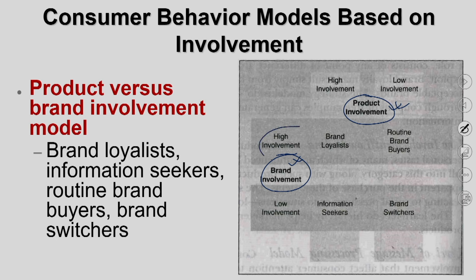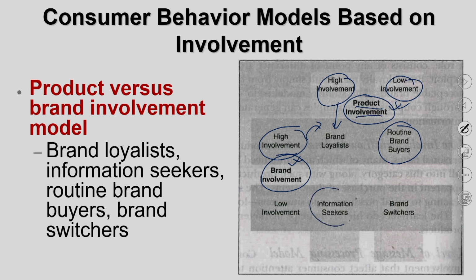The more high involvement a person has with a brand as well as a product, he is called a brand loyalist. If a consumer has high involvement with a brand but low involvement with the product, he is called a routine brand buyer, because he knows the brand and routinely buys it because it satisfies him. No product involvement at all.